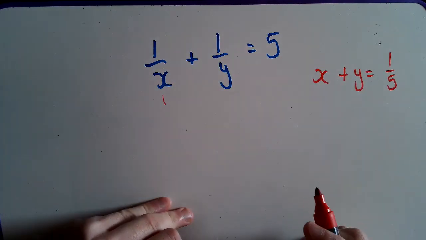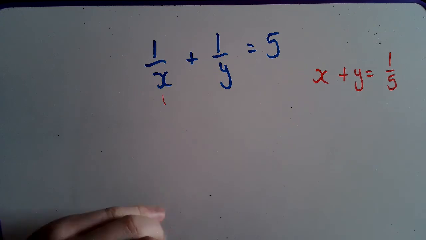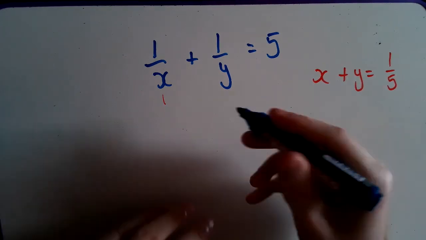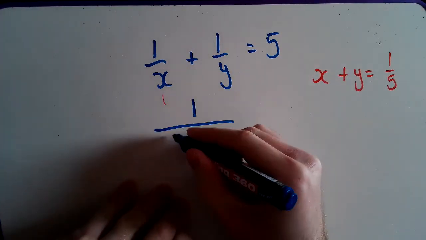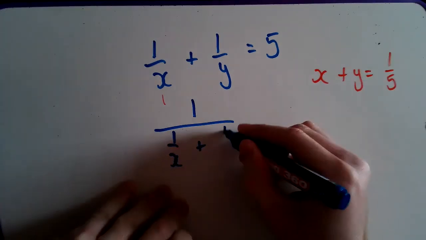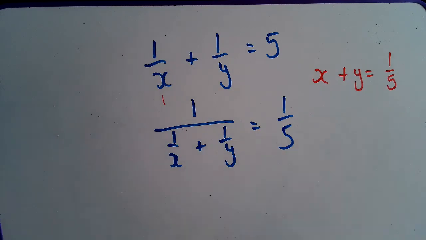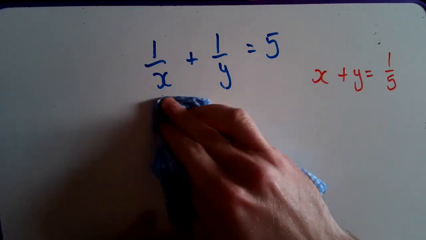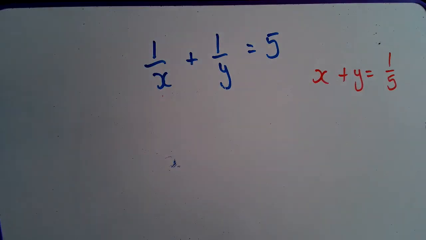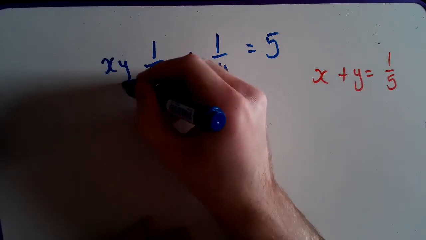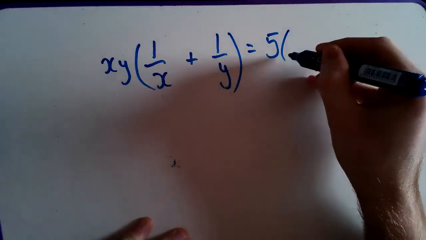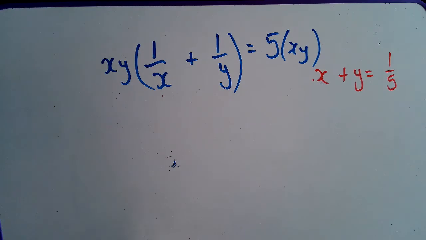But remember, I can only do the same thing to both sides. What I'm allowed to do is 1 over this side equals 1 over this side. This is true mathematically, but it doesn't really help because it's got fractions on fractions. So something like this, I guess the best way to do it would be to start off by timesing both sides by xy to get rid of both those fractions. Okay, times both sides by xy.